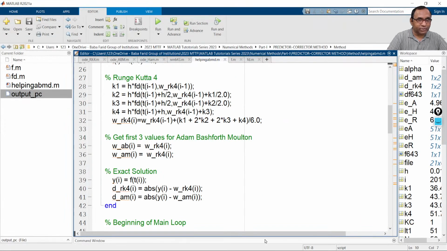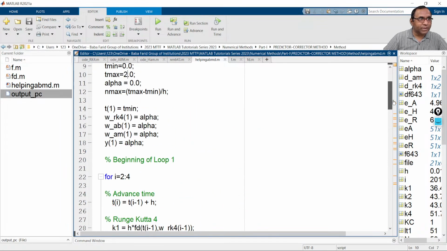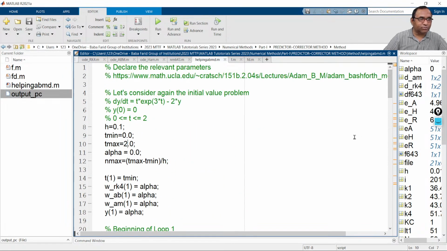Along with it we have the MATLAB code, and for this we are choosing this example. You can see dy/dt is equal to t e^(3t) minus 2y, and this is the initial condition.